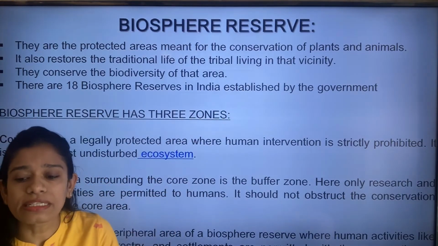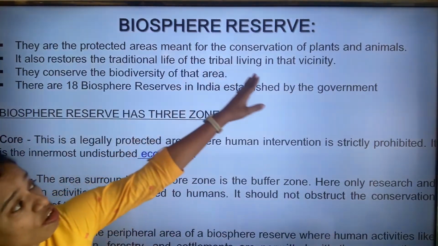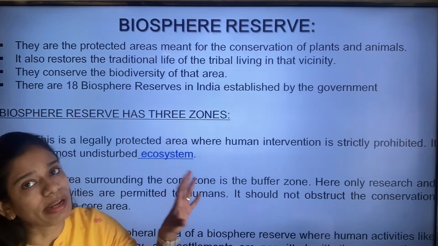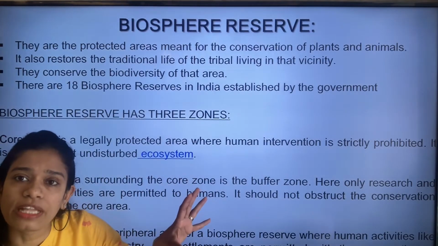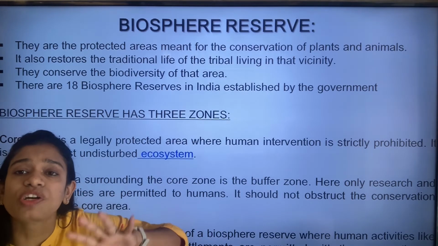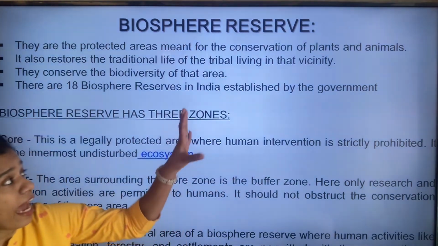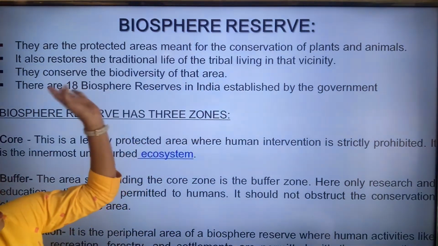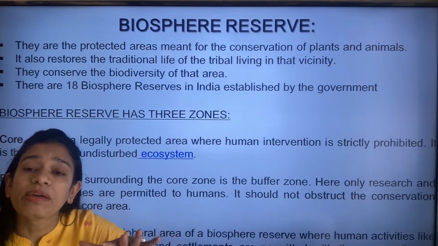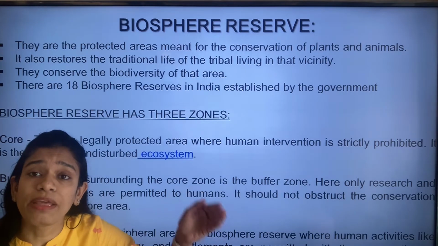So the first thing is conservation of plants and animals. Not only that, whichever tribal population or village is near it is also protected, and it conserves the biodiversity of that area. That particular biodiversity is totally restored and maintained.